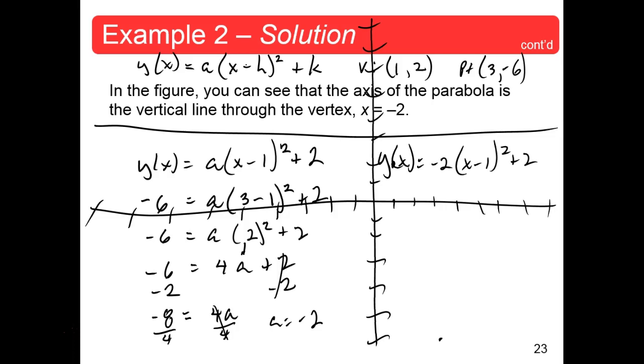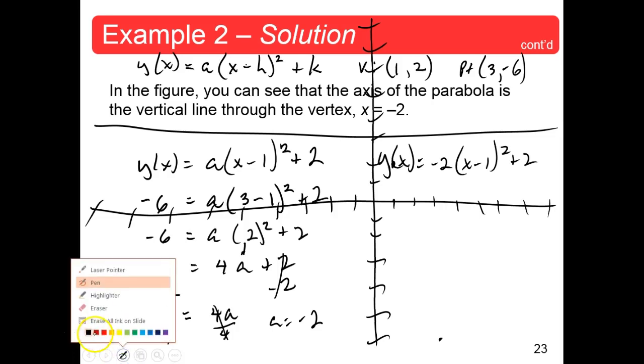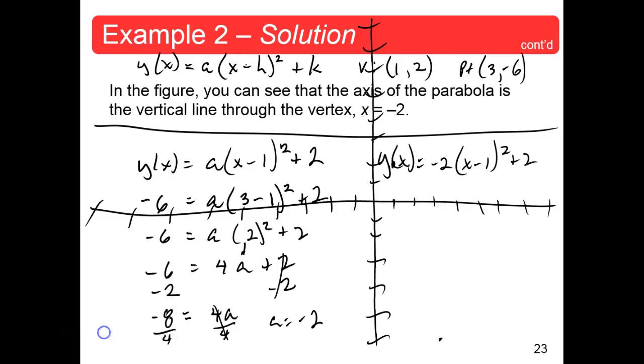Now, what would be another thing that might be convenient to know? The what? X-intercept. That's a good idea. Now, you know, in this form, it's harder to do, but it's certainly doable. How do you get the x-intercepts here? Is that what you said, x-intercept? Okay.